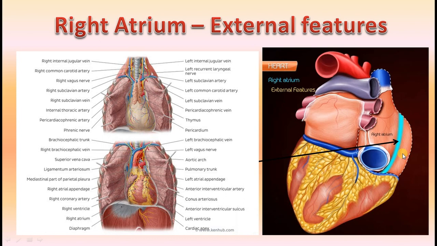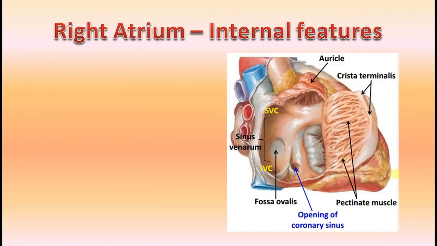It is separated from the ventricles anteriorly by the right part of the atrioventricular groove, and also posteriorly by the posterior part of the atrioventricular groove. So these are the relations of the right atrium. Now we will pass on to the internal features, or the interior, of the right atrium.